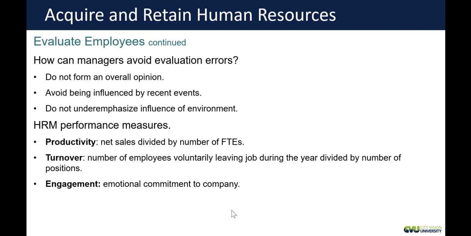So the most recent events come up rather than looking at the entire year. And then sometimes, as managers, when you're doing an evaluation, you don't think about what's going on in the rest of the store and how it might influence this employee at this time. So as a manager, being a little bit more aware of bigger picture things is really important.